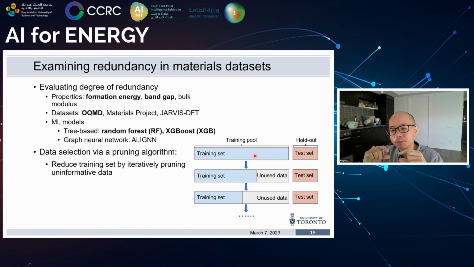Then we use a pruning algorithm to select informative data and remove the uninformative ones from the training set. So we start from the full training set and then gradually reduce the training set size by pruning the uninformative data, which becomes unused data in this figure.